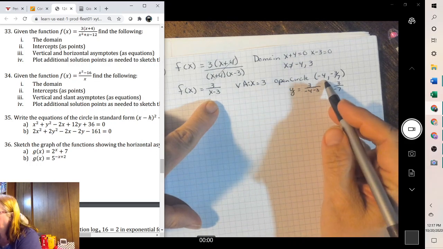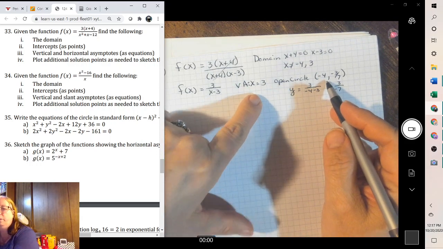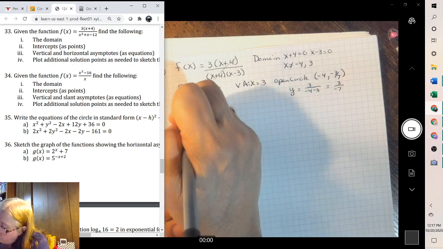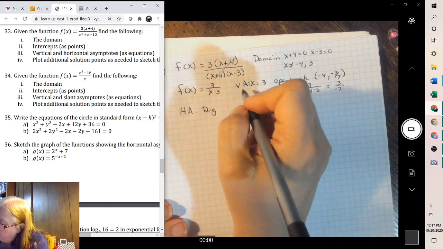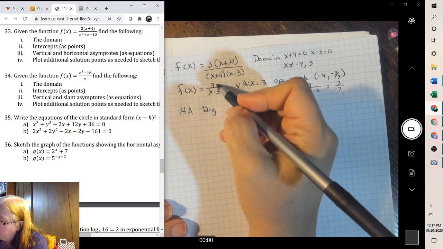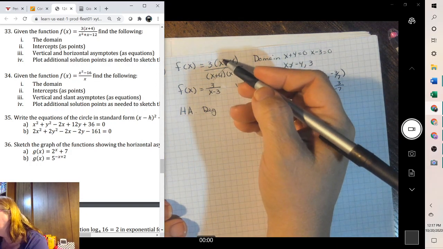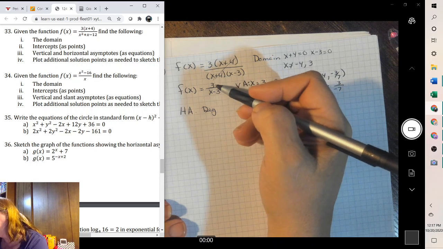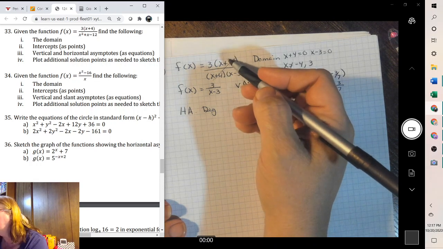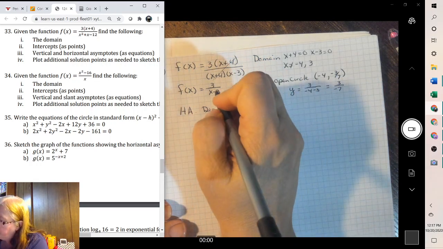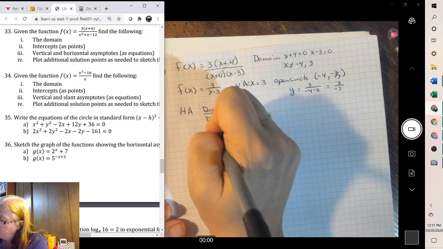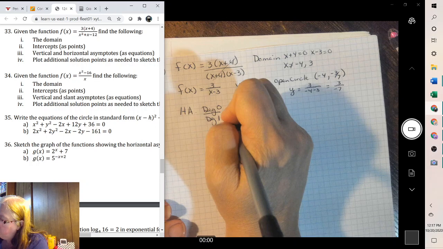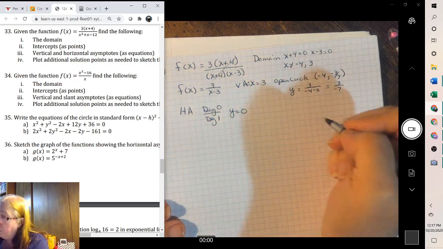So you have an open circle here and a vertical asymptote here. Find the horizontal asymptote. The degree on the top is, well, you can use either one. Here it was 1, here it was 2, which means the top's larger. Same thing here. So if I use the reduced one, the degree on the top is 0, and the degree on the bottom is 1, which means it's y equals 0 again.